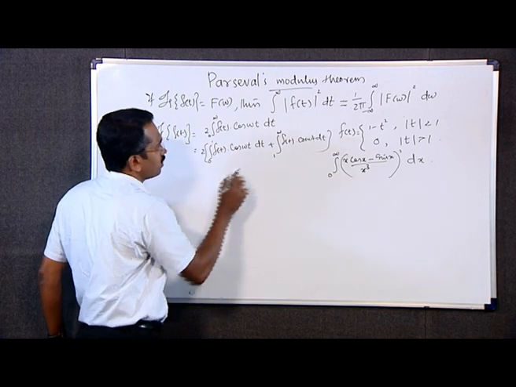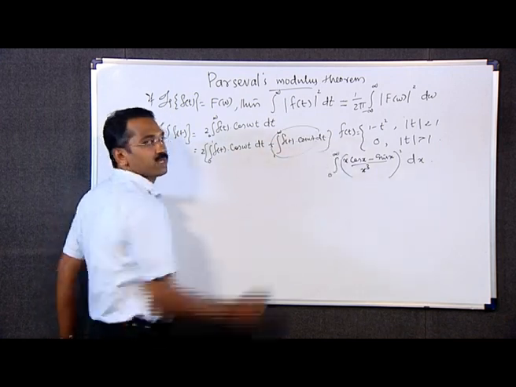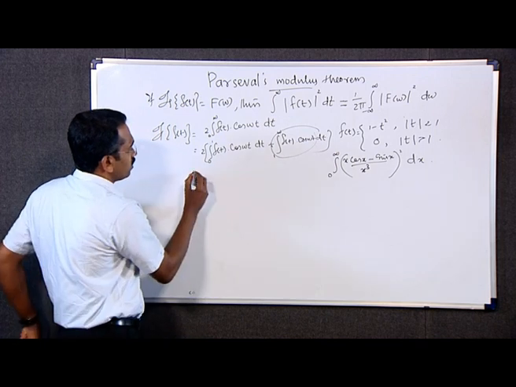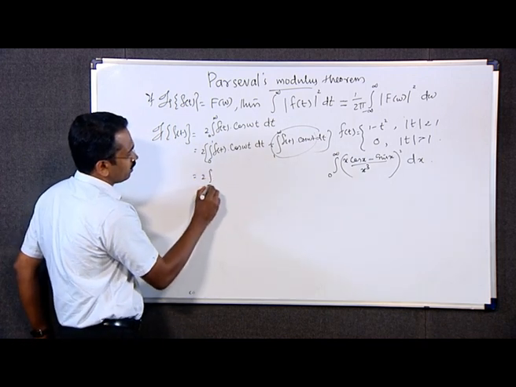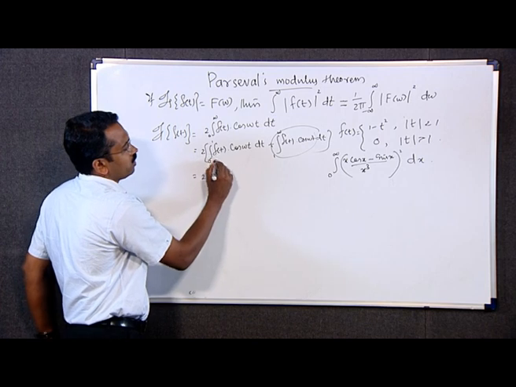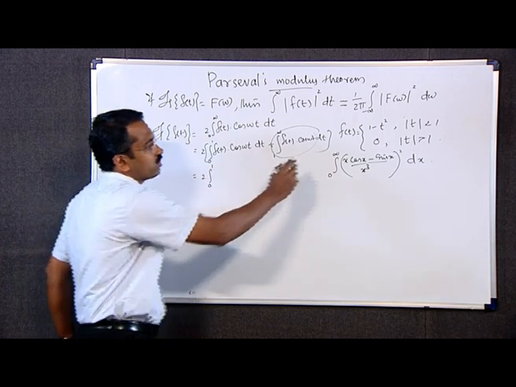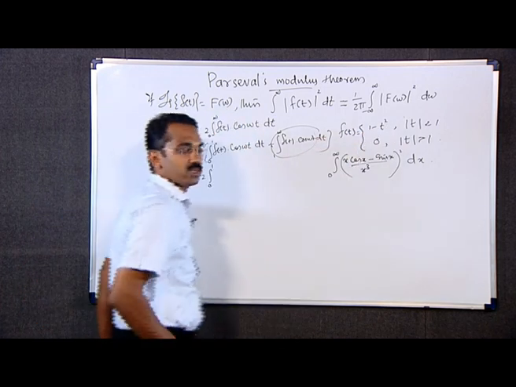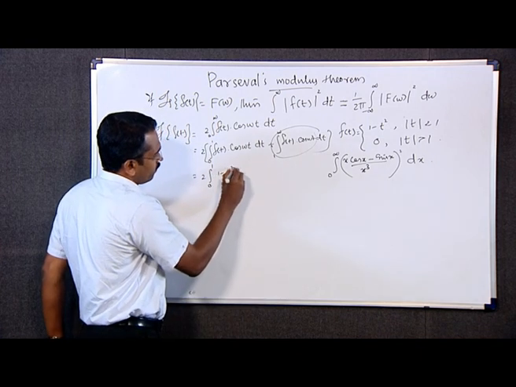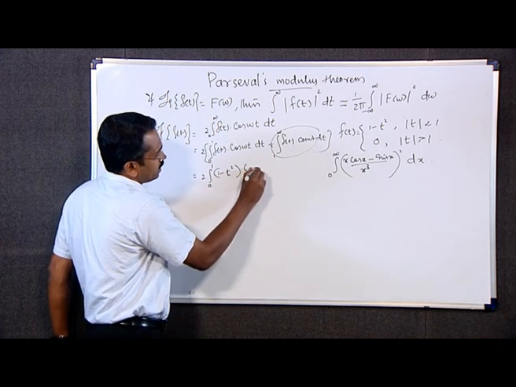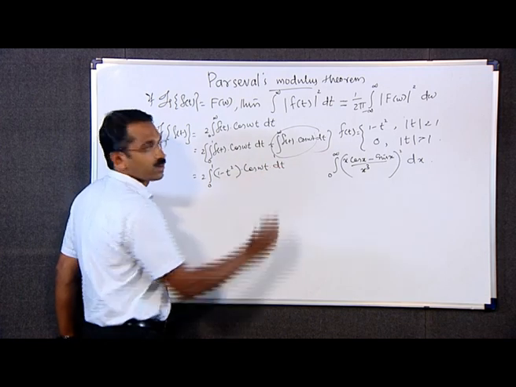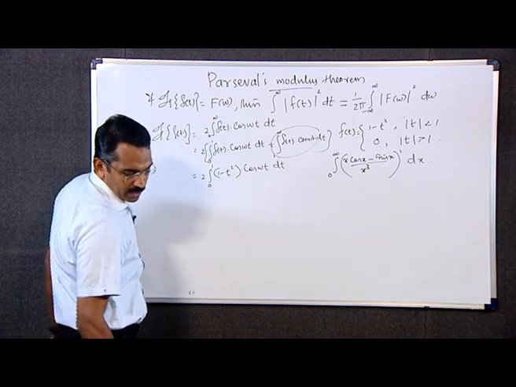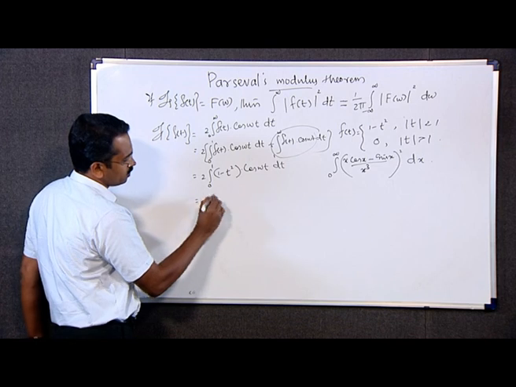This 2 is common. In the second case, the function is defined as 0. Therefore, this is equal to 2 times integral from 0 to 1. In the interval 0 to 1, we can write the function as 1 minus t squared into cos omega t dt.